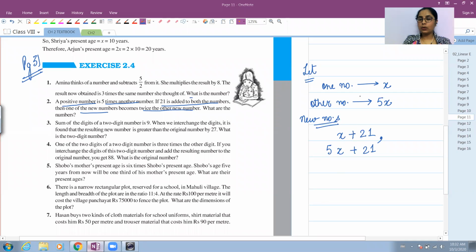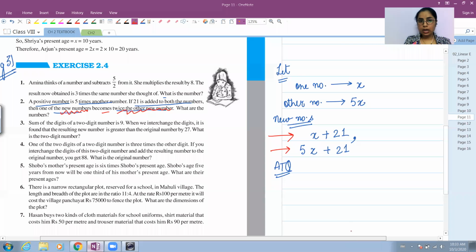We added 21 to the first number and 21 to the second number. According to the question, finally they are saying that one of the new numbers becomes twice the other new number. Of the two new numbers I have, one is twice the other. Now this equation will be formed very carefully.